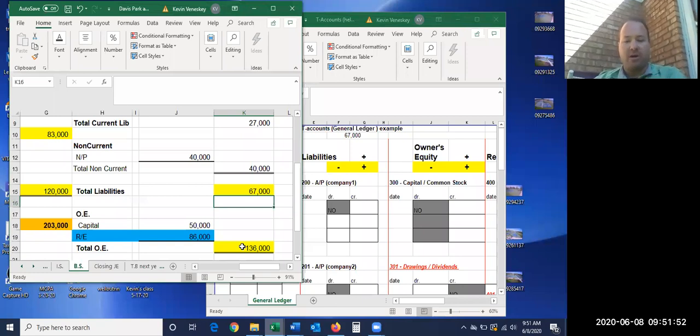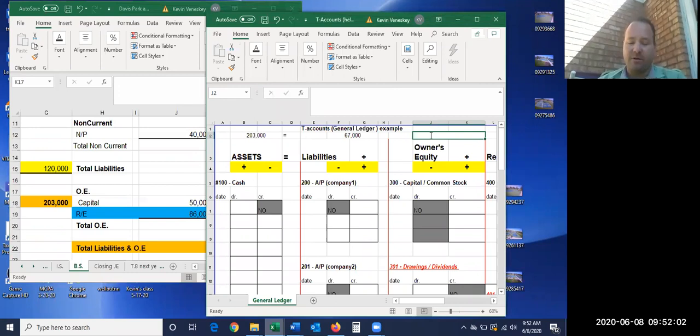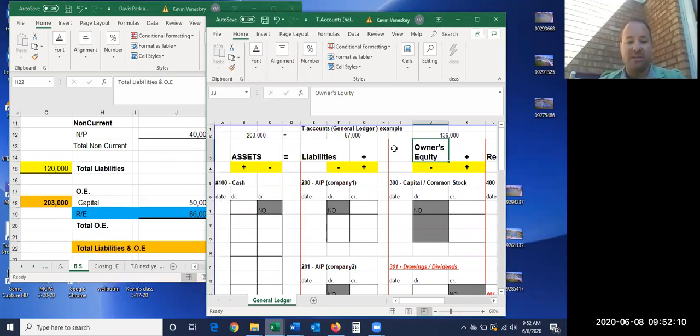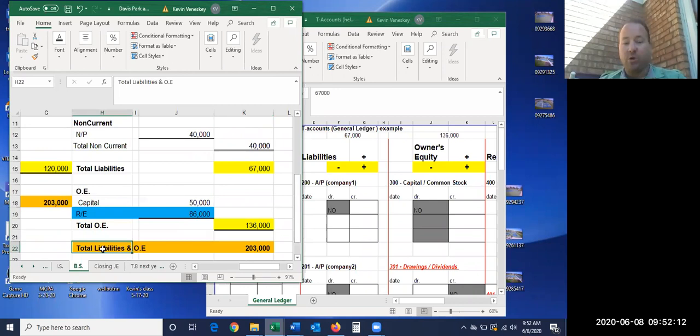Total up my owner's equity. And you get 136,000. So I put in 136,000 over here. And then what the balance sheet does is simply combines these two and says, okay, do my total liabilities and owner's equity, what do they equal?